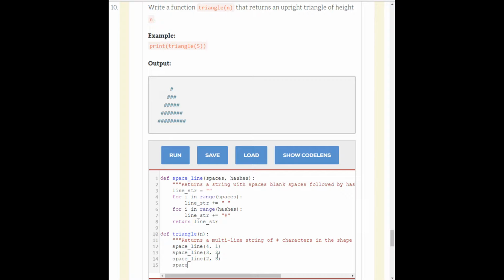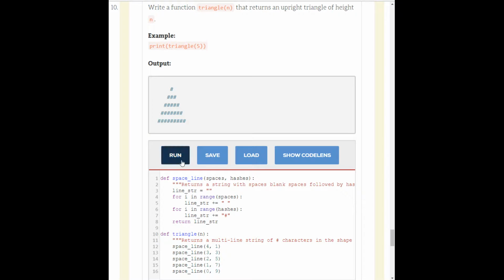Then the next line would be spaceline 1 and 7. And the last one would be spaceline 0, 9.